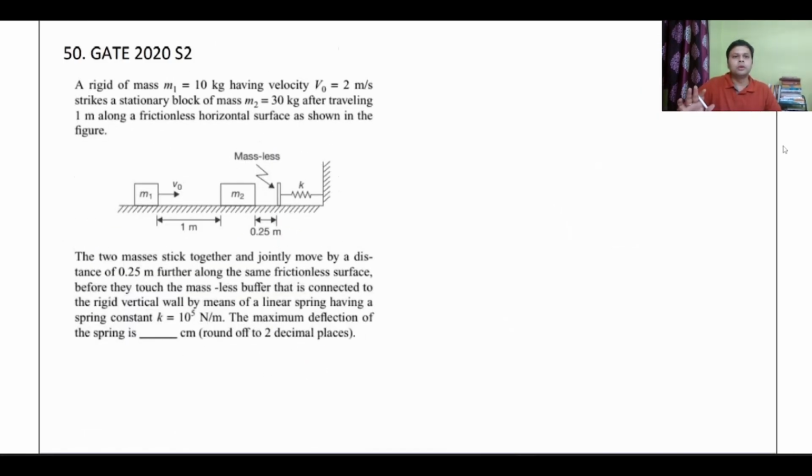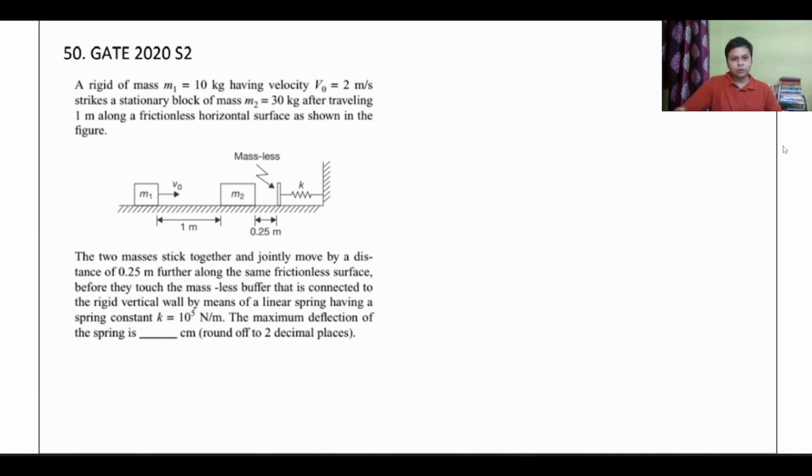Last question, question number 50. A rigid block of mass m1 equal to 10 kg having a velocity v0 equal to 2 meter per second strikes a stationary block of mass m2 equal to 30 kg after traveling 1 meter along a frictionless horizontal surface, as shown in the figure.